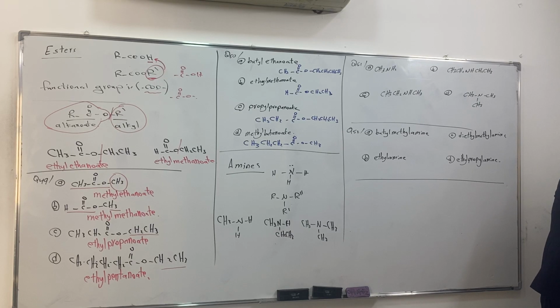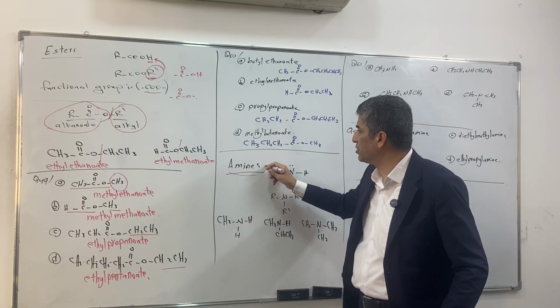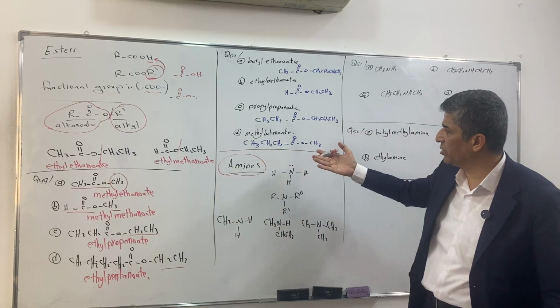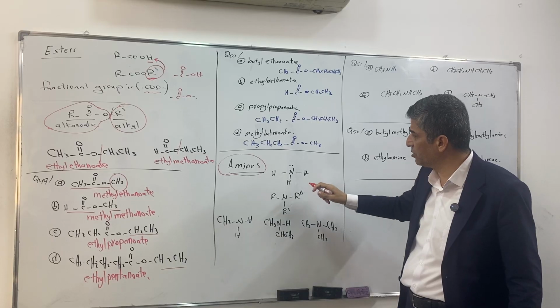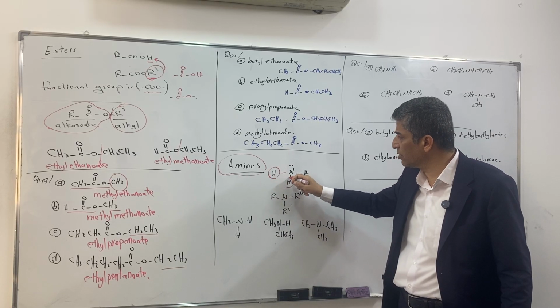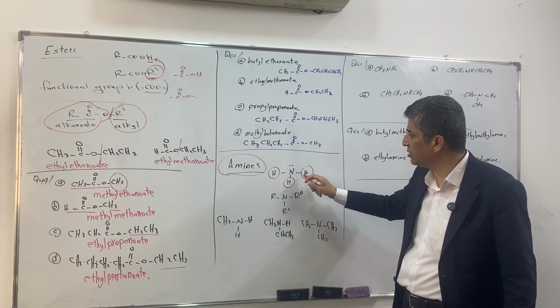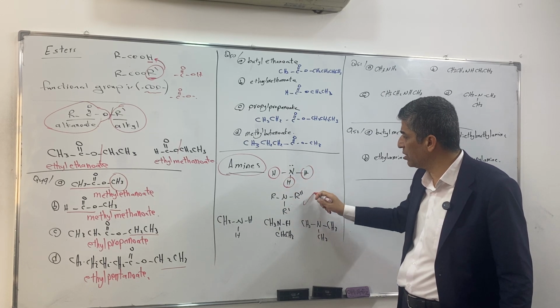But we have another group, the amine group, which comes from ammonia. We can say that an amine is a derivative of ammonia. Ammonia is NH3. When we replace hydrogen in ammonia with an alkyl group, we get an amine.